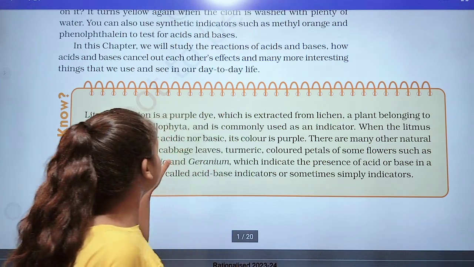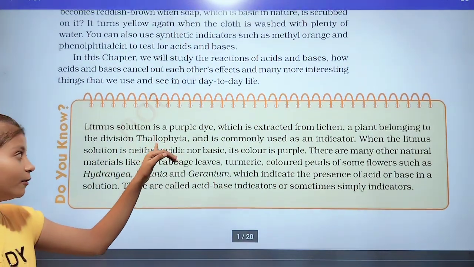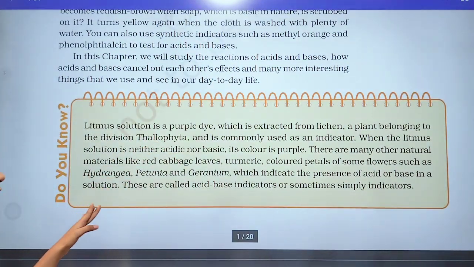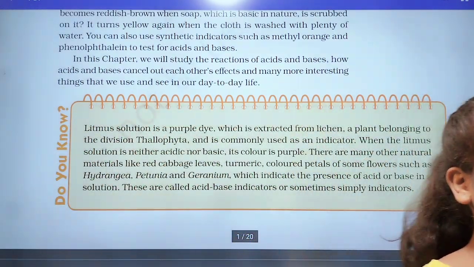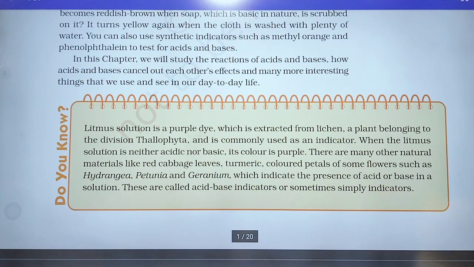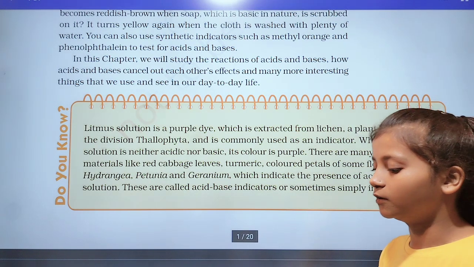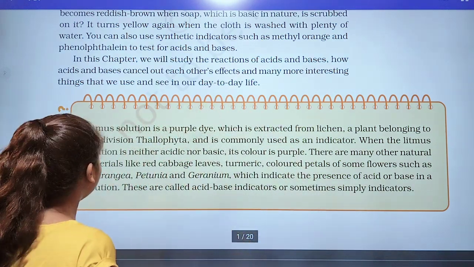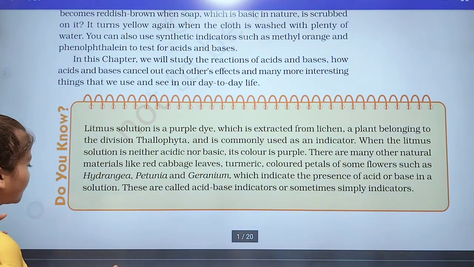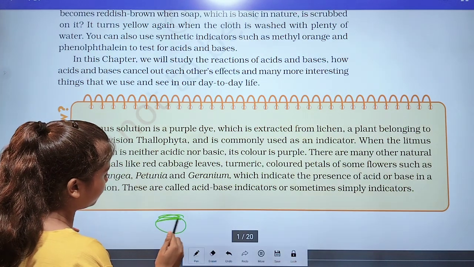I will tell you two or three points about Thallophyta: it is a non-differentiated plant, meaning it does not have any particular stem or particular leaf. It is like this, thallus.